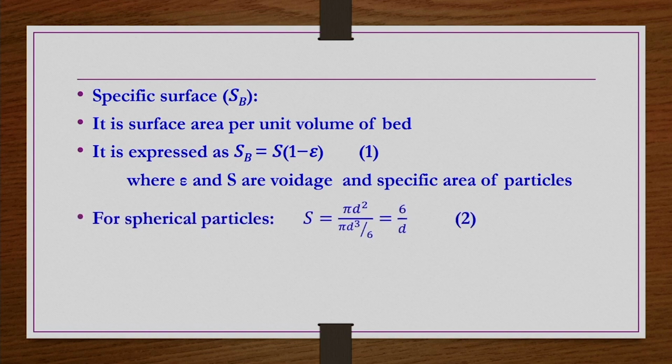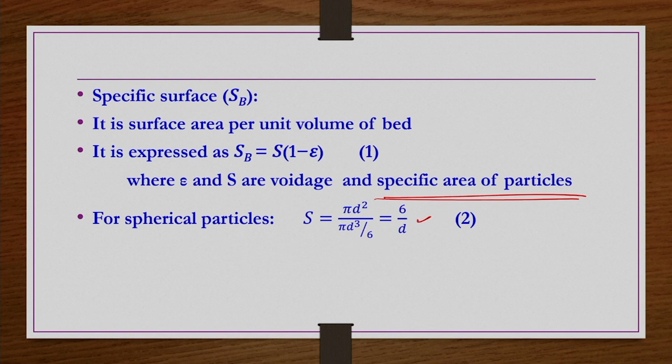The specific area of particles depends on the nature of the particles, which type of particles you are using for the packing. If it is spherical particles, then the area of the particle is pi d square divided by the volume of the particle, pi d cube by 6, so 6 by d is the specific area of spherical particles.